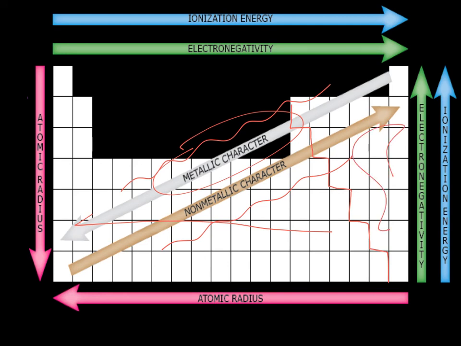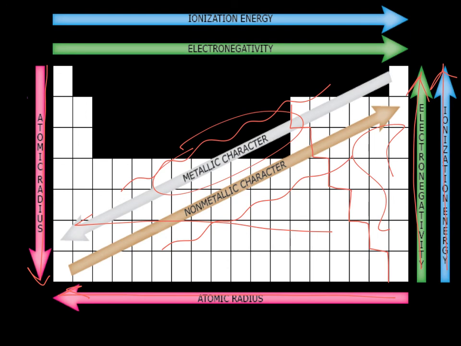All right, so the 3 periodic trends that we've learned about are atomic radius, electronegativity and ionization energy. Take a look at those 3 trends. Do they go in the same directions? Do they go in opposite directions?